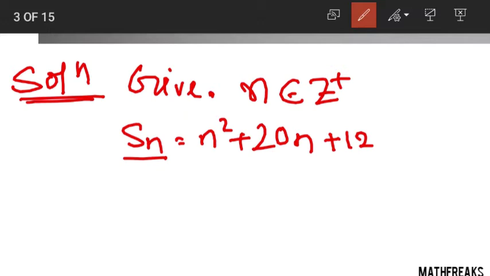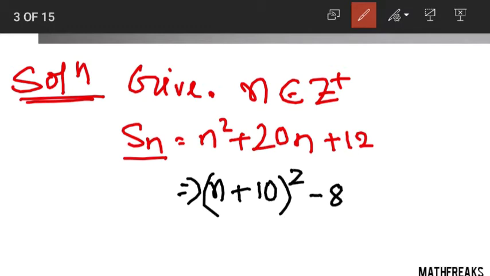Okay, now the first thing that comes to my mind is simplifying this expression. So can I write this expression as (n plus 10) whole squared minus 88? Can I write this? Because the 20n can be written as 2 multiplied by 10 multiplied by n, right?